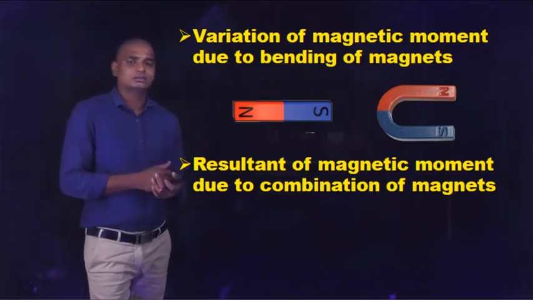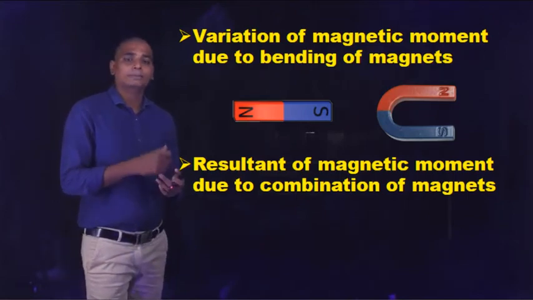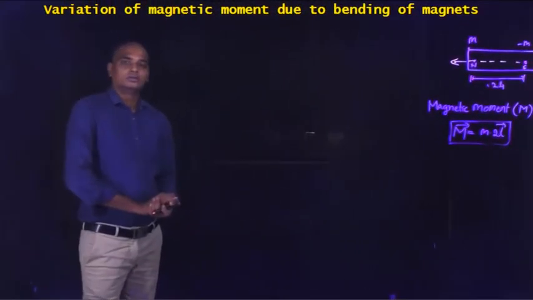Now, let us see the first one, that is, variation of the magnetic moment due to the bending of the magnets. Okay, students.